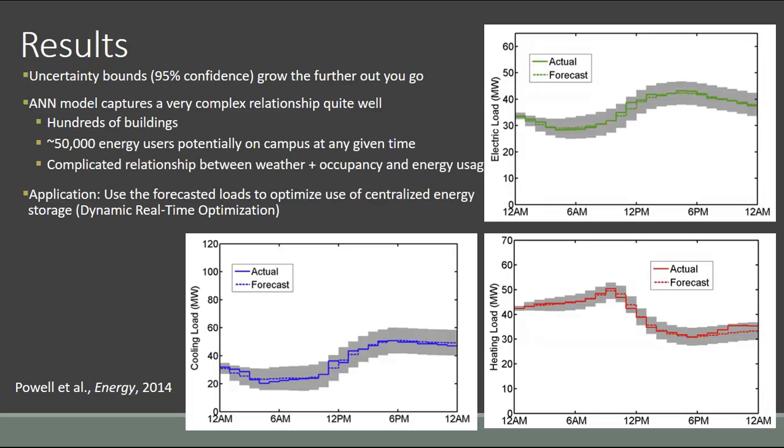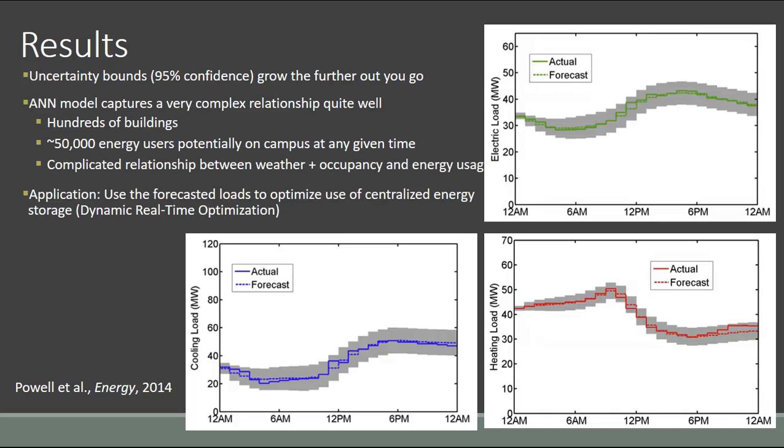One of the applications for something like this, well, the actual application that this was developed for, was so that if you wanted to optimize how the system is consuming energy over 24 hours, you want to know how much energy the system is expected to produce. So in this case, we solved what's called a dynamic real-time optimization problem that was basically trying to decide when do you store energy.